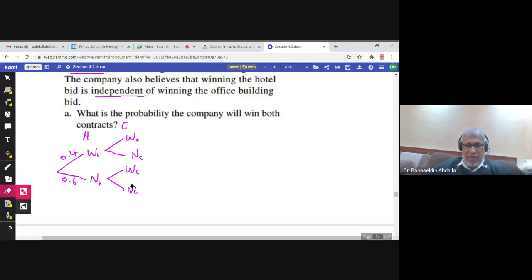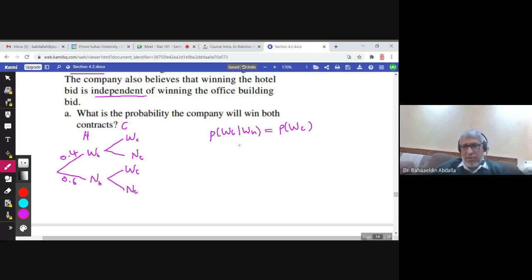And now the probability that I need to find: what is the probability that the company will win C, given that it wins H? We are told they are independent of each other. So in this case, the probability of WC given WH is just the probability of WC, because of independence.